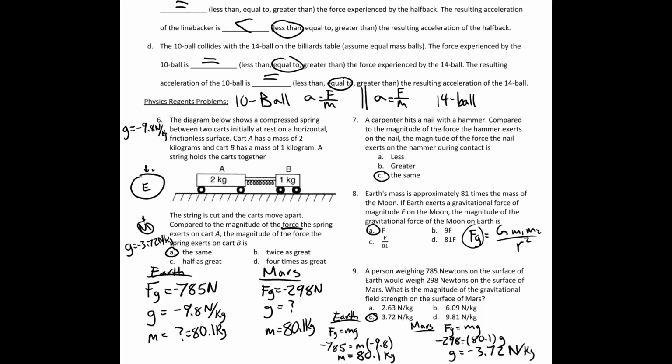If you had 2 kilograms at this position, you'd have 3.72 times 2. So 6.74 or 7.4. I can't do mental math right now. Anyway, I don't know if that helped or hurt with the gravitational field strength idea, but as we do more problems, hopefully you'll think more about it and kind of solidify what that is.